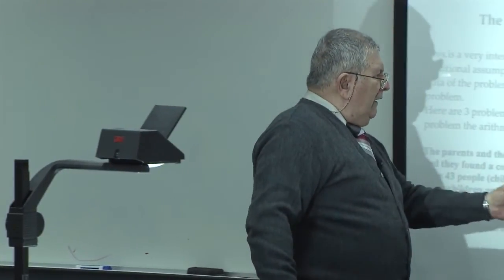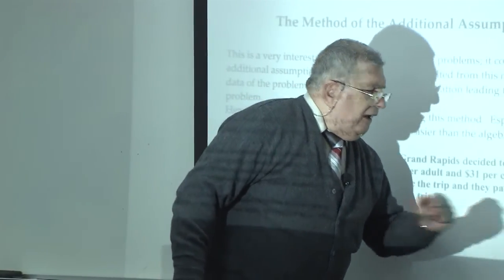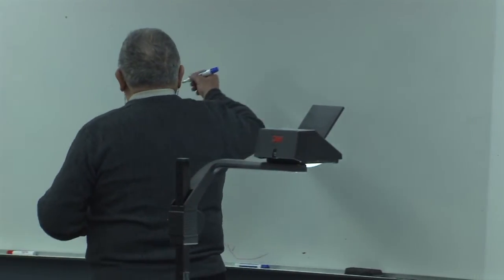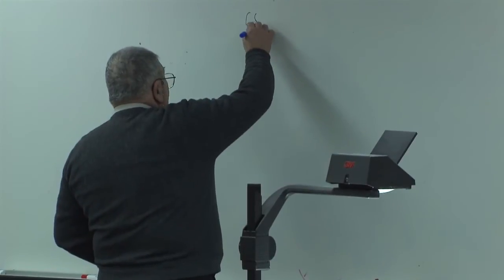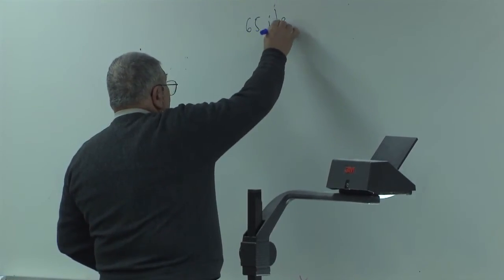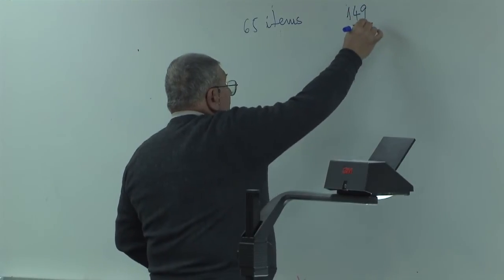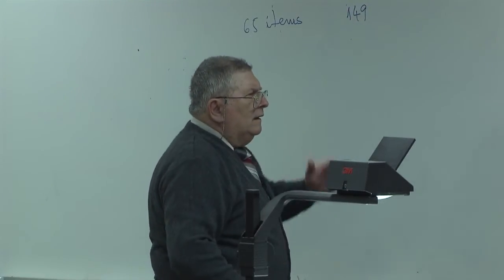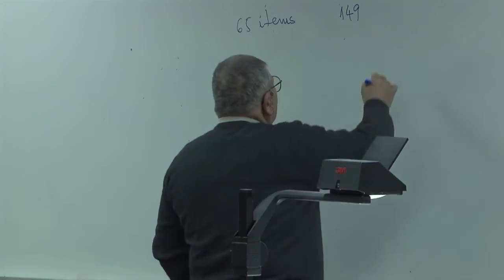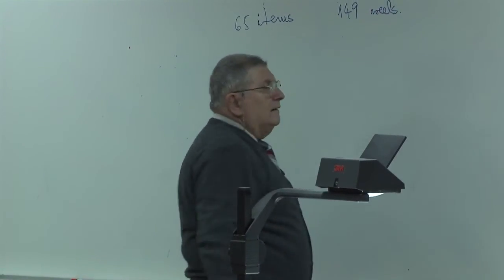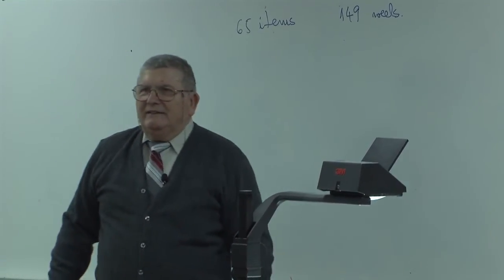And those items together have 149 wheels. How many bicycles and how many tricycles are there?